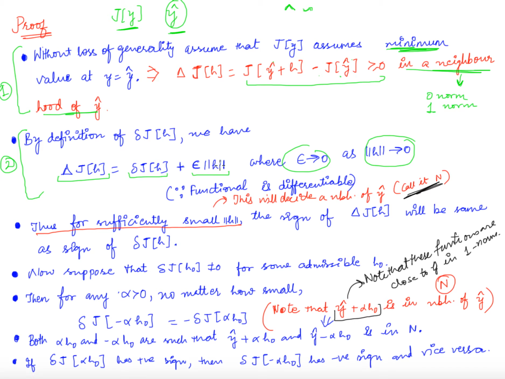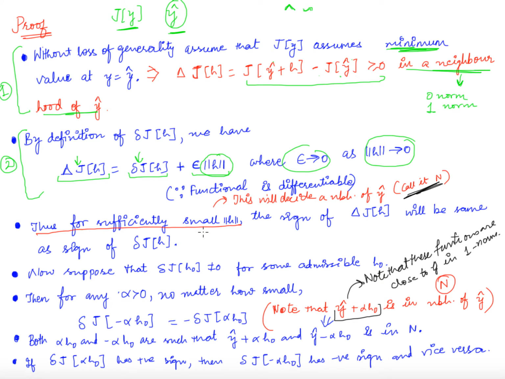Now if this epsilon is going to 0 as norm of h goes to 0, it means that for very small norm of h, epsilon is going to be small, so these two quantities differ by a very small thing, and if I choose that wisely, I can have these two quantities having the same sign.